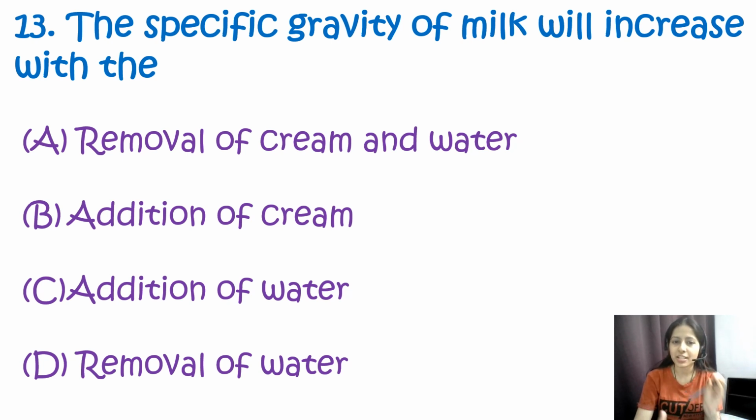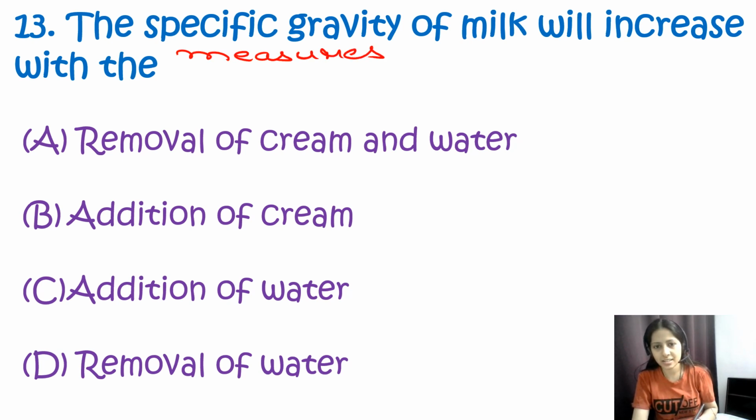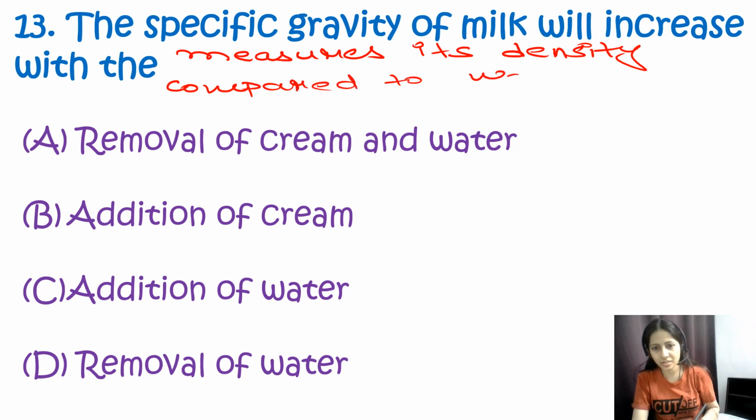Actually, the specific gravity of milk measures its density compared to water. We know that cream has lower density than water, and removing cream from the milk, what will happen? It would decrease its specific gravity.